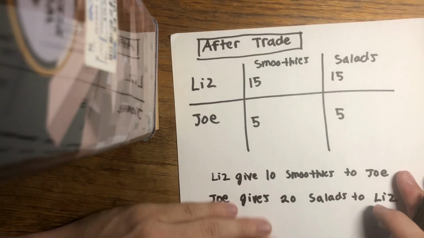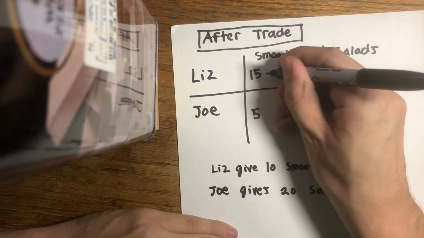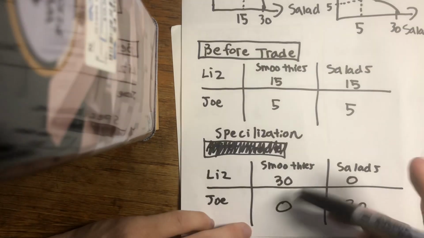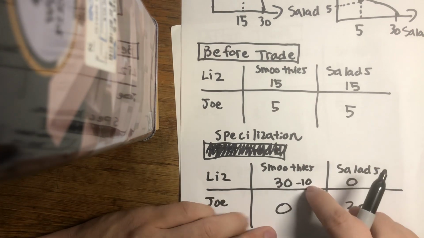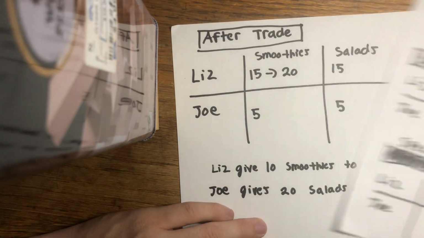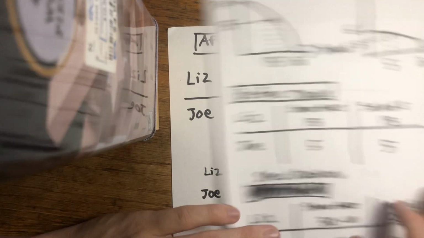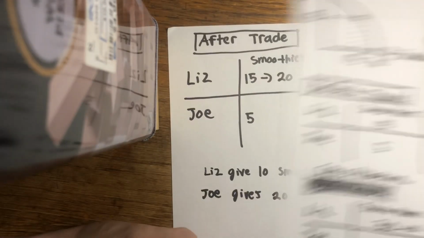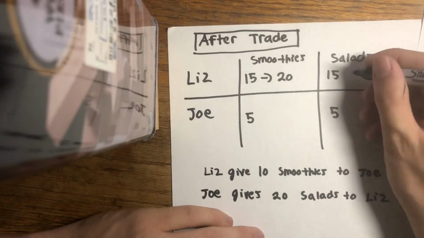Liz gives 10 smoothies to Joe. So this converts to 20, because she had 30 smoothies and she gives 10 of them to Joe, so she lost 10. But this is going to 20. Now, for salads, Liz originally started at 0 salads, but she's receiving salads from Joe, which is plus 20. So this is now going to 20.